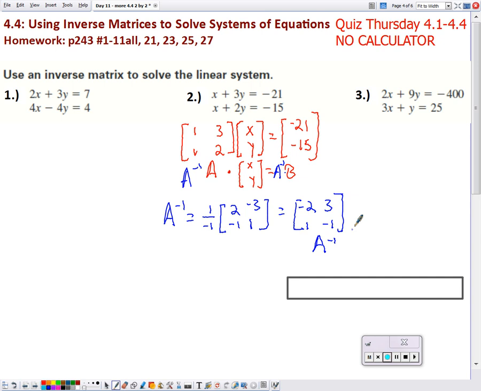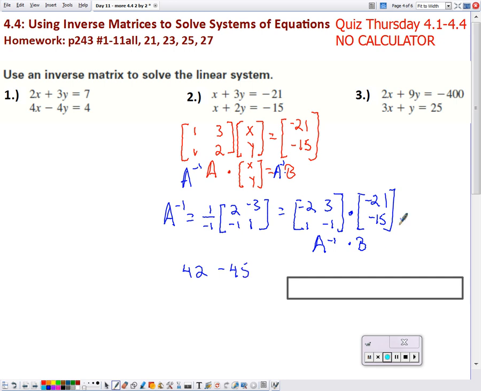I'm going to multiply that times matrix B, which is negative 21, negative 15. So let's think. Negative 2 times negative 21 is 42. 3 times 15 is negative 45.